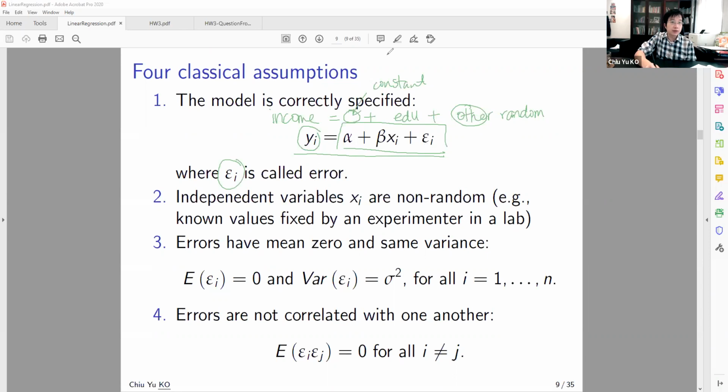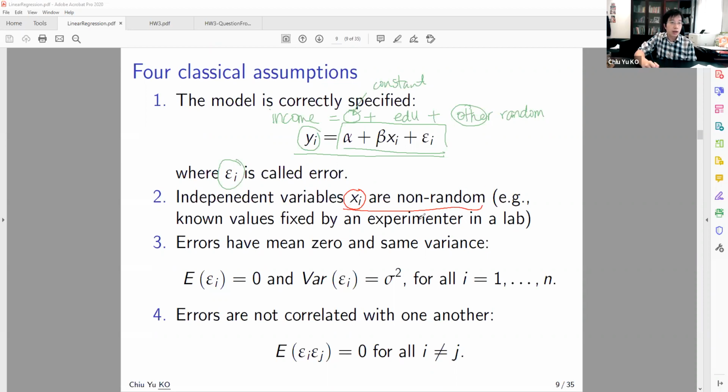The next assumption is a little bit tricky in economics. It's okay in an experiment where you can control x, or x is rather unrelated to the generation of y. What that means is that in the classical assumption, they are non-random.